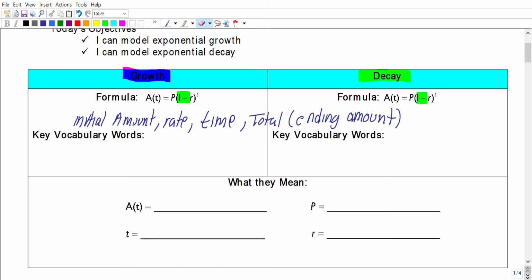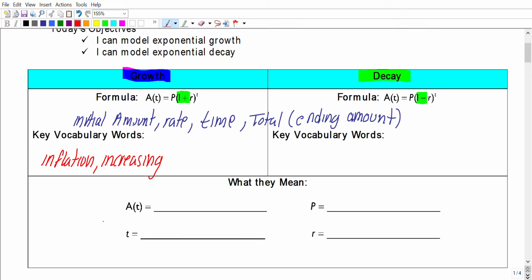The only place where they differ is, like I said, on the plus and the minus, and we have a few keywords for that. When we talk about growth, we're talking about inflation or increasing, just like I talked about a second ago. If you see those keywords, inflation, increasing, growing, all those things will give you hints that we have exponential growth.